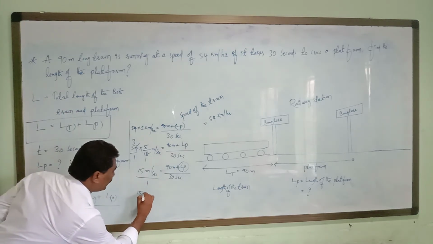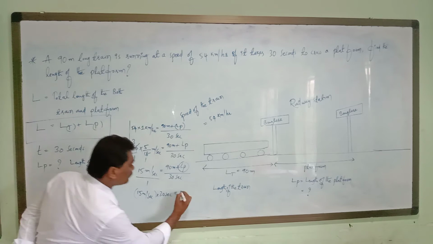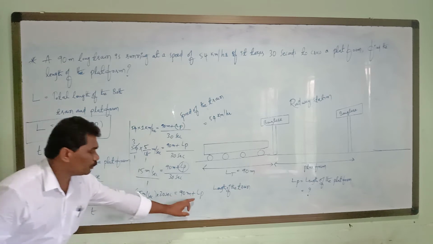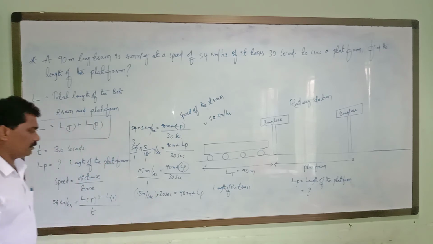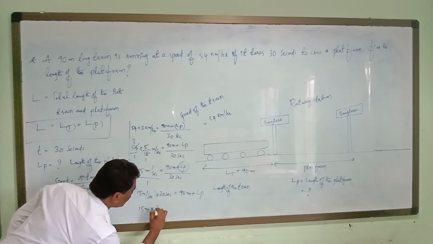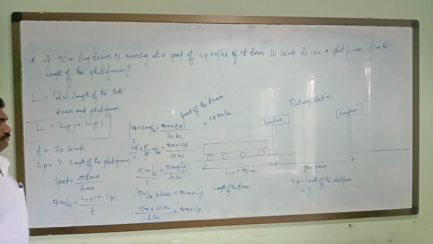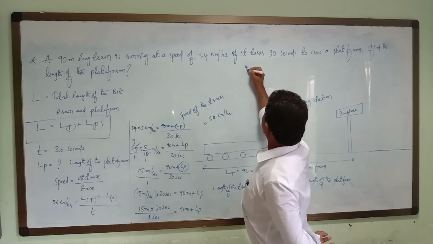So 15 meter per second into 30 seconds is equal to 90 meters plus the length of the platform. 15 meters into 30 seconds divided by 1 second: 15 threes are 45, so 450.